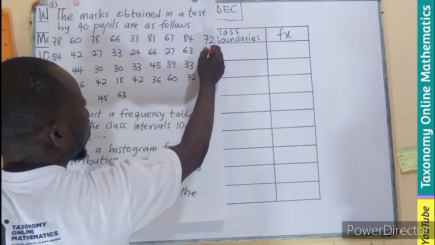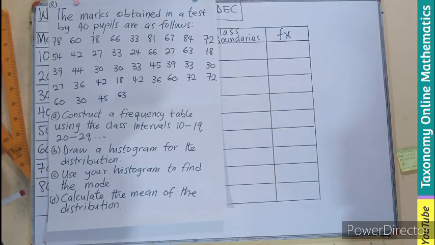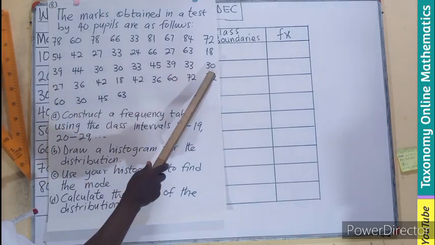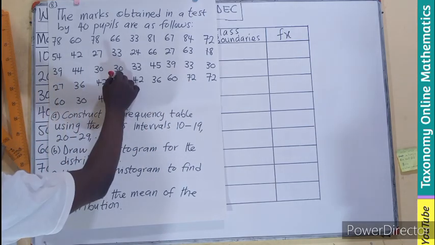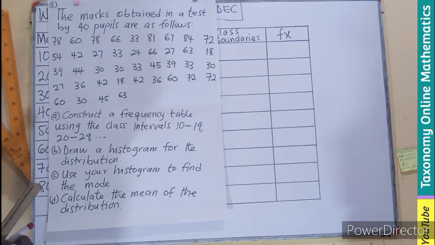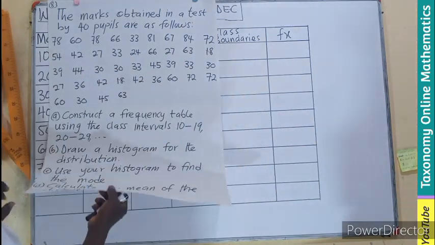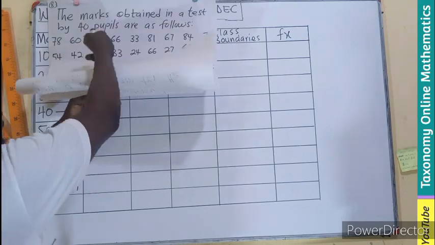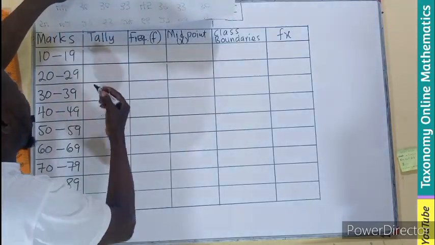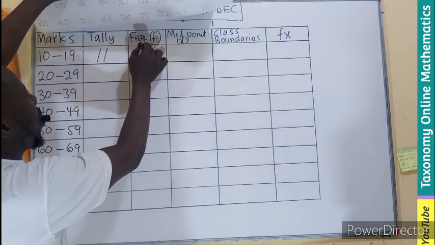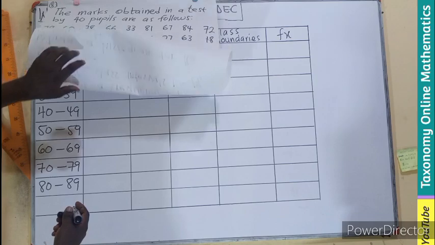Then look through again. We can see another 18 here. So in the column for tally, we need to make a stroke of 2 in that portion for the interval. Then the frequency is the counting of the tally.